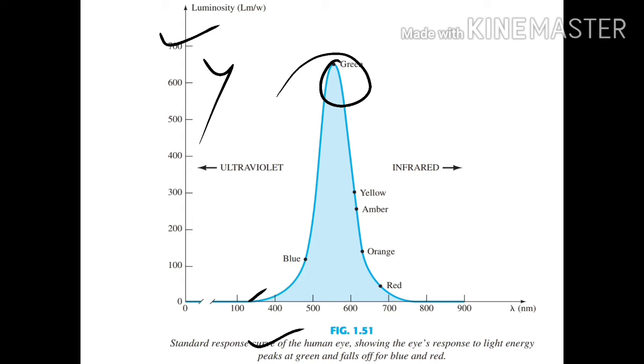It means it will be more luminous to our eye at a wavelength of nearly 550 nanometer, and the red color will have less luminosity, at a wavelength of 700 nanometer. So from this figure you can observe that the eye's response to light energy peaks at green color and falls off at the blue and red color.